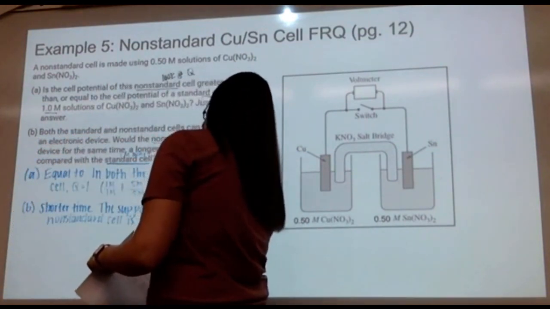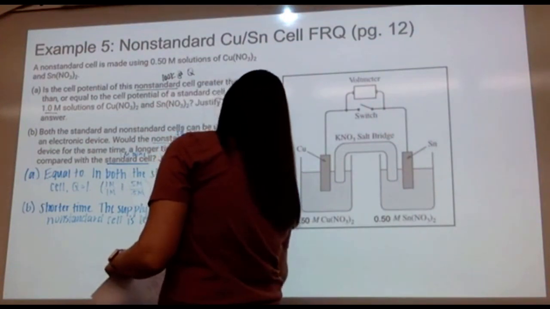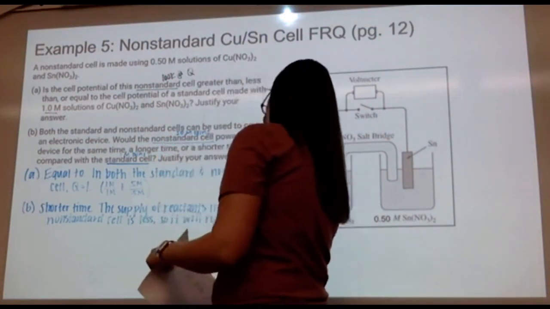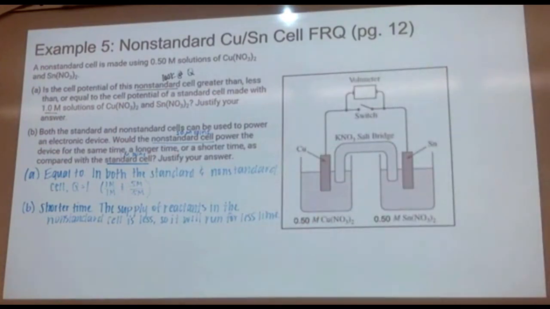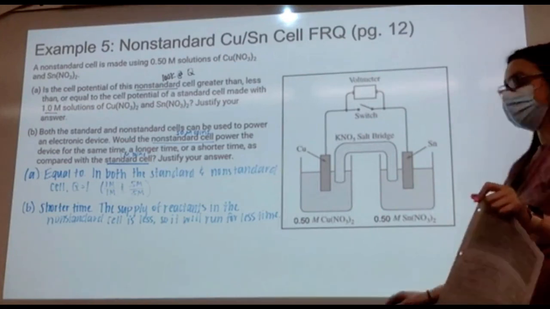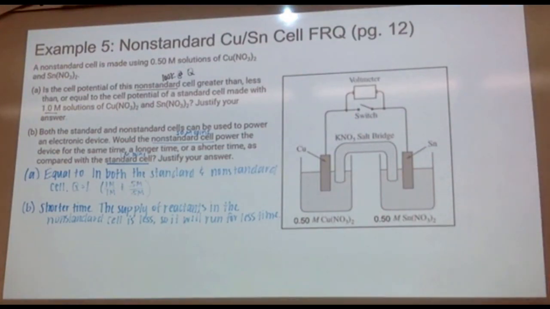So it will run for less time. So the less reactant that you have, the less time it will run. The more reactant you have, the more time it will run.